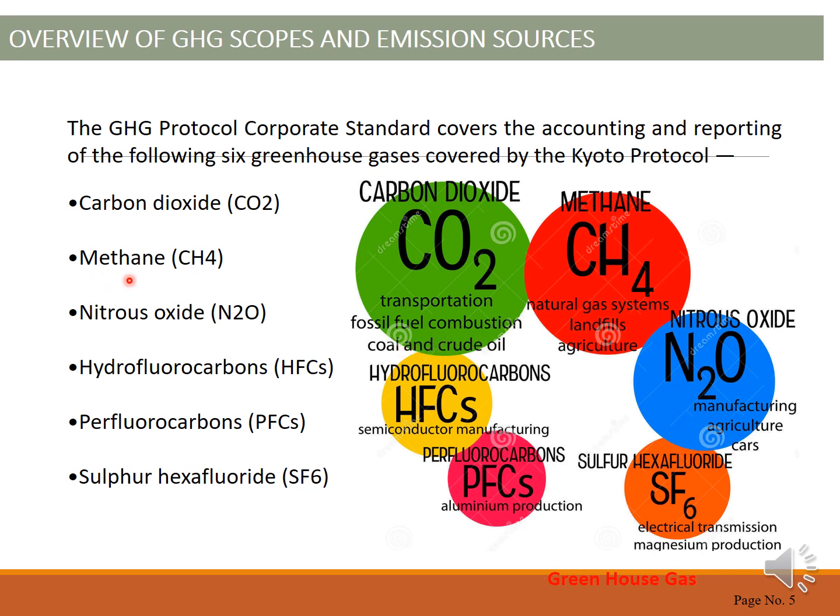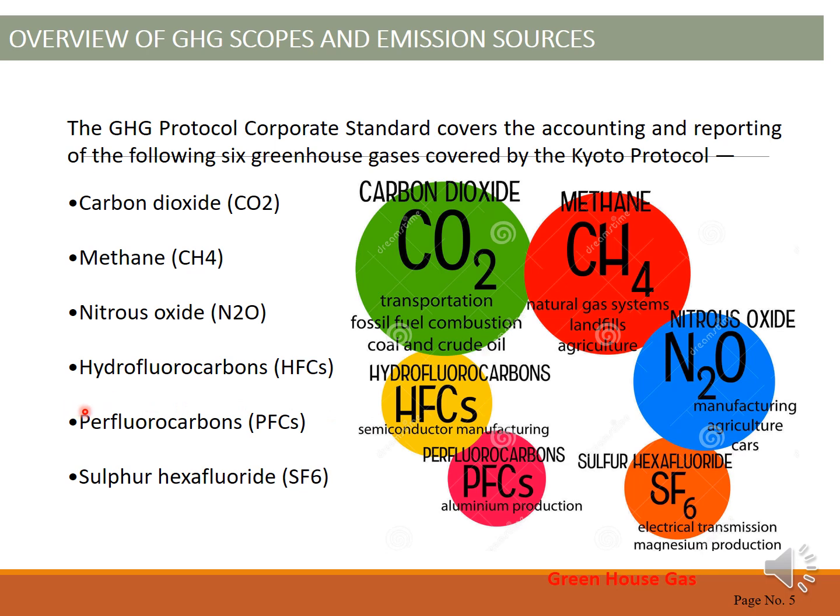Methane, CH4, is mostly from natural gas systems, landfills, and agriculture. Nitrous oxide, N2O, is mostly from manufacturing, agriculture, cars, and industry. The fourth one, hydrofluorocarbons, HFCs, is mostly from semiconductor manufacturing industries.